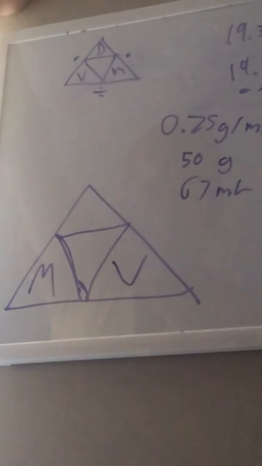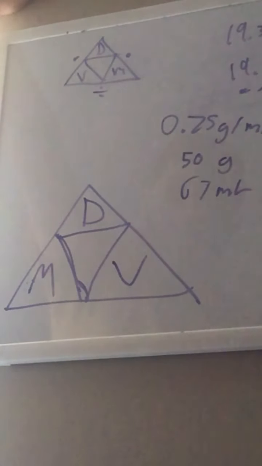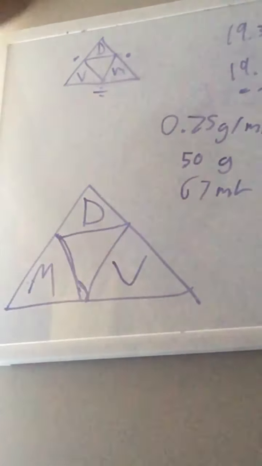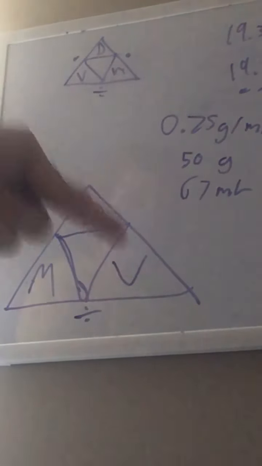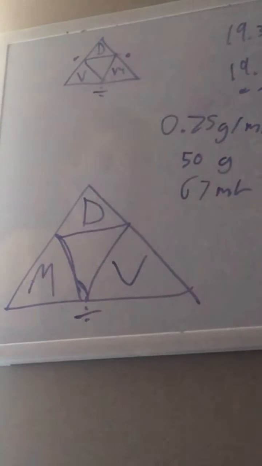You draw a V in the other for volume, and you draw a D for density. And over here, on the outsides, on the lines, you like to draw the symbols so that way you can remember. You divide mass by volume, mass over volume.